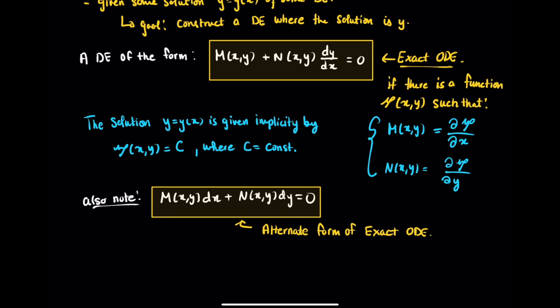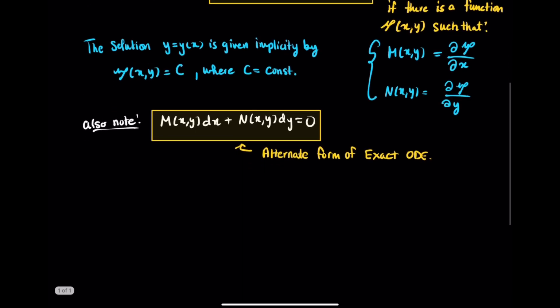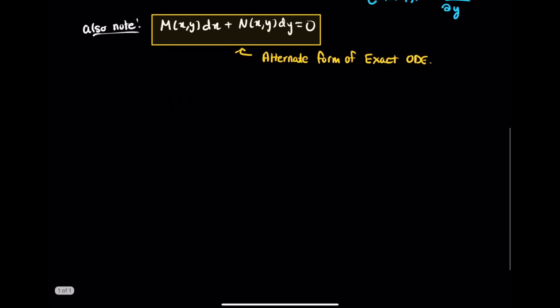So now I'm going to show you how to solve an exact equation. And I'm going to make a flow chart, but I'm not going to complete this flow chart. I'm going to show you a part of it. Before I actually show you the flow chart, I need to tell you about the test for exactness.